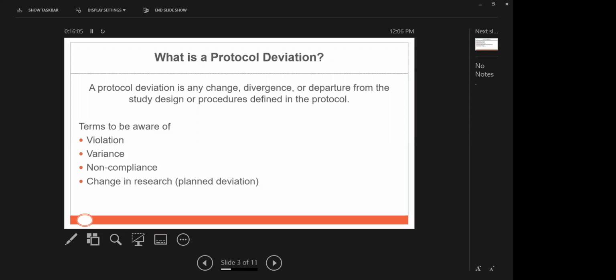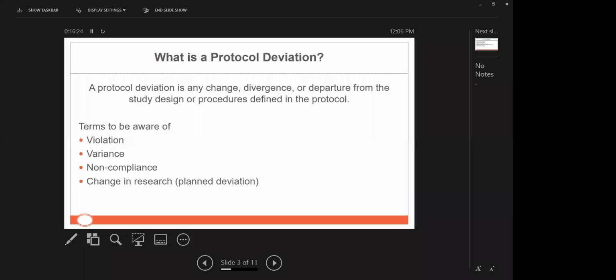A point I want to make here: when I started doing research, to me, this was very specific to the study protocol, right? And as many of you know, most protocols don't really go into good clinical practice or the guidelines and regulations that are set forth in research.